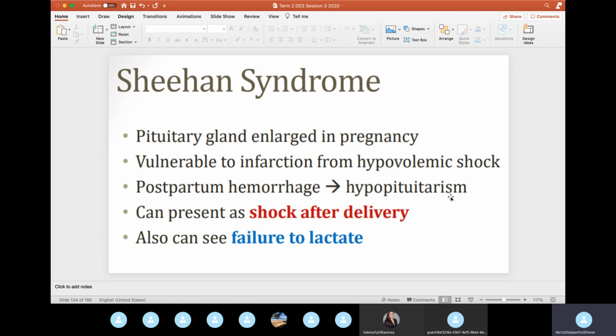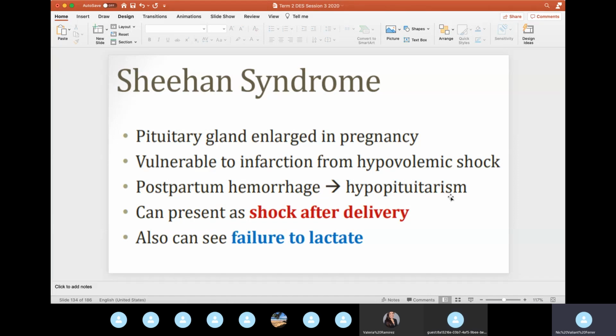But remember, as you've said, the pituitary has limited blood supply only via the hypophyseal system. So if you have hypovolemic shock, it can be a site of infarction. It's enlarged, but it has a limited blood supply, okay?